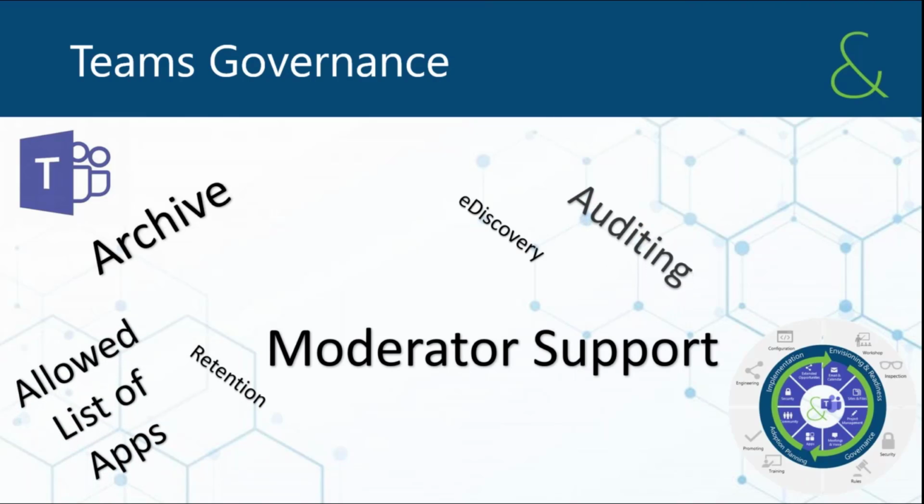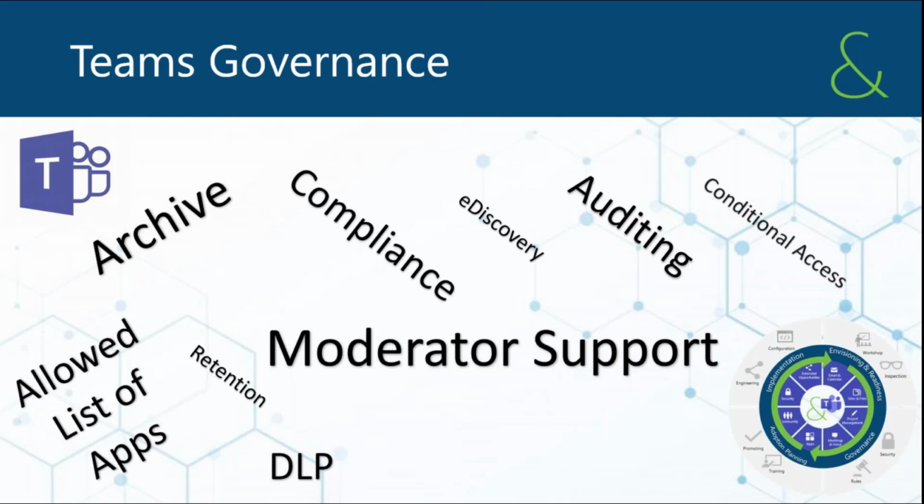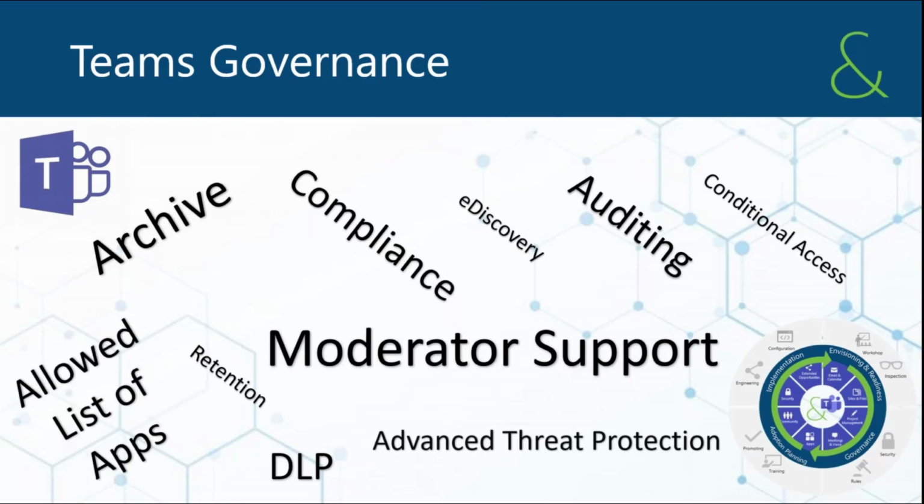Archiving a Teams site, setting up a moderator, enabling auditing, data loss prevention, retention. Who's going to go through that list of 600 apps and decide which ones are allowed? So you have all of these pieces that can be configured to help you control your data in Teams.